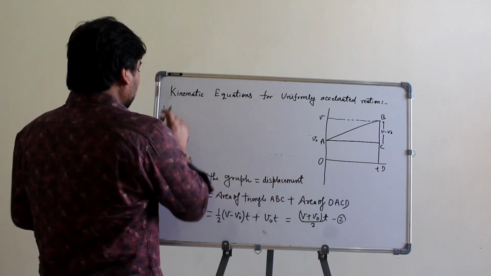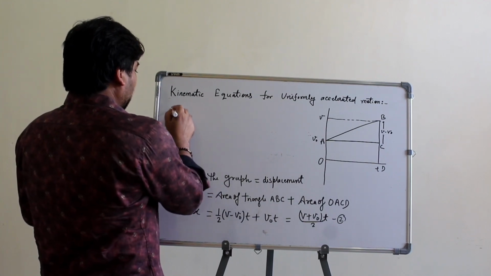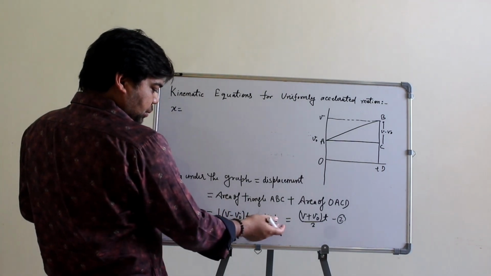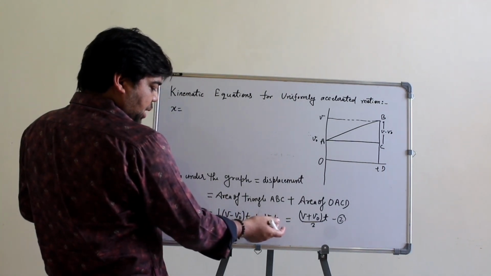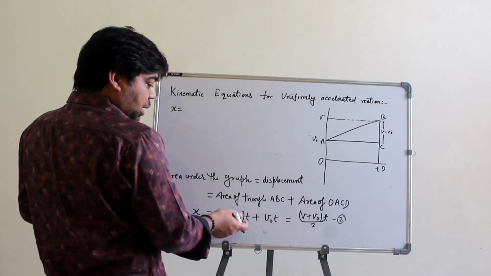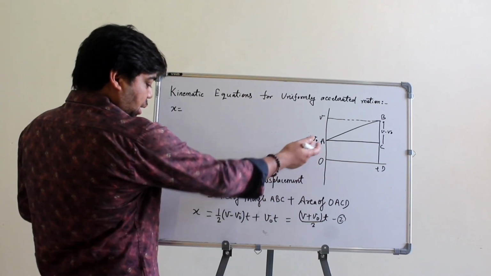Now in equation number 2, you can replace V minus V naught by AT.